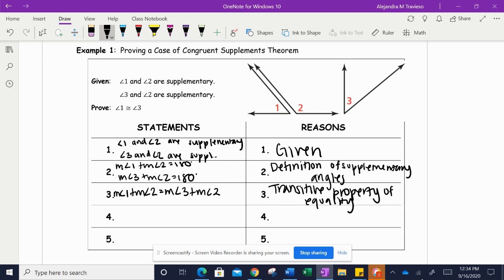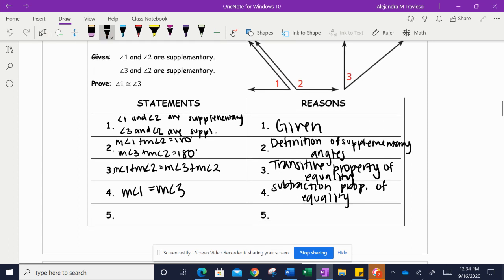From this, we have two measure of angle 2's, so we can say the measure of angle 1 is equal to the measure of angle 3. Subtraction property of equality.